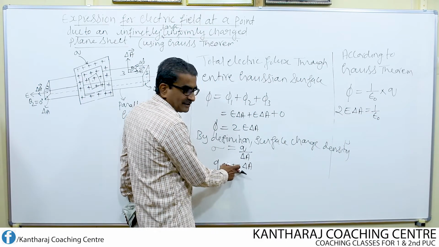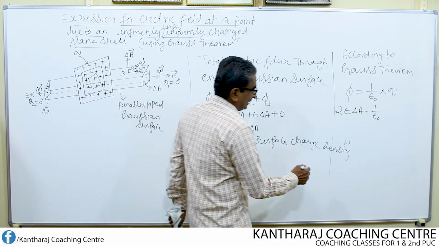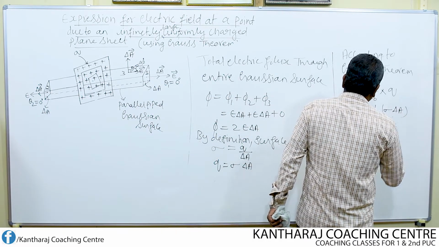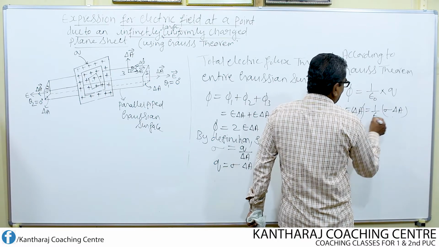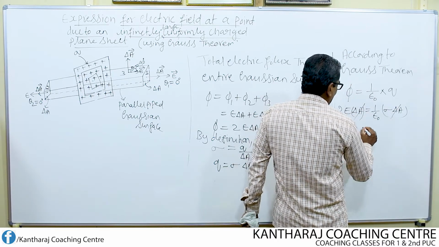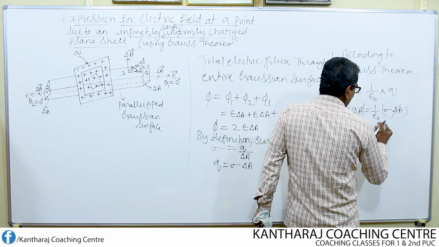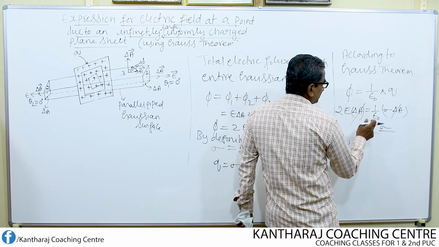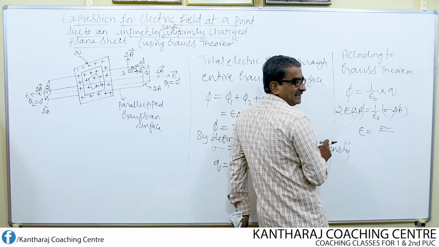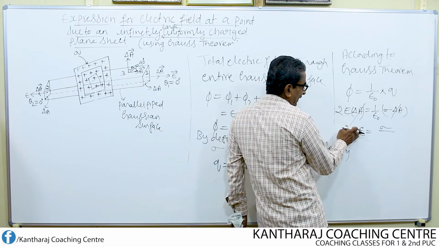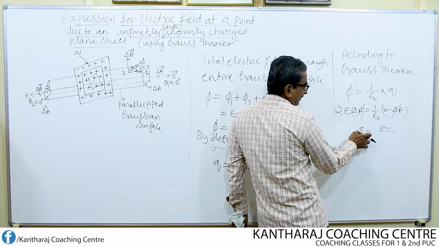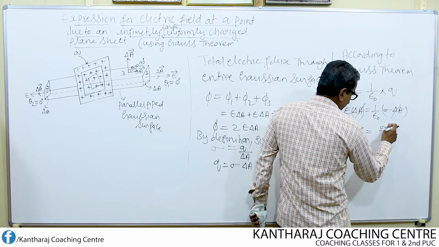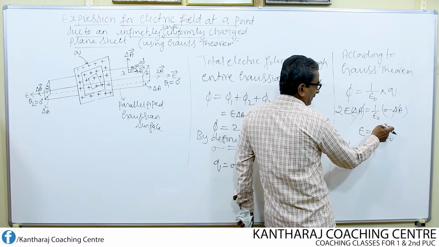For Q, what can I substitute? Sigma into delta A. So cancel off this delta A and delta A. So what is E now? E equal to sigma divided by 2 into epsilon naught.